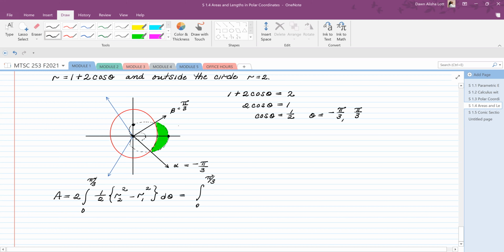R2 is the furthest one, so R2 is the 1 plus 2 cosine of theta, squared. And then R1 is simply 2 squared, d theta.